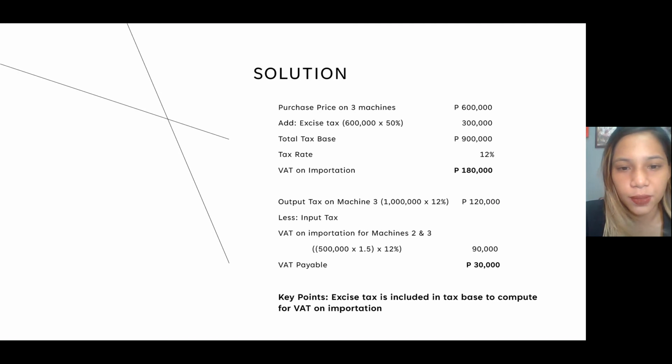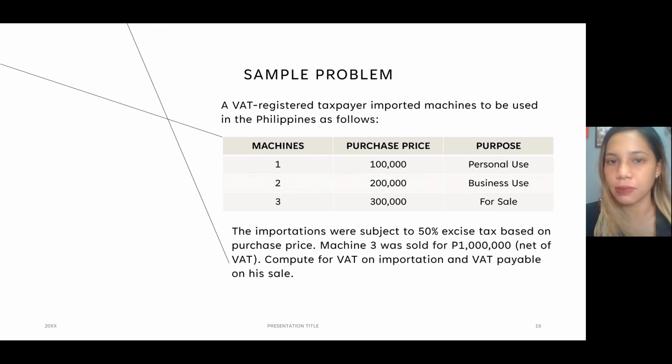So the VAT payable is 30,000, rather. The key point here is that excise tax is included in the tax base to compute for VAT on importation, which, as mentioned earlier in the sample problem, is subject to 15% excise tax.